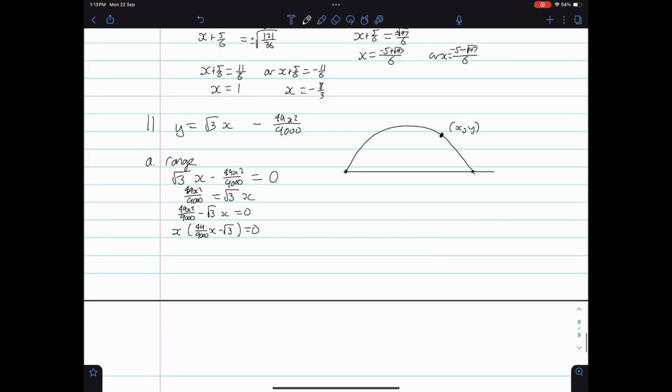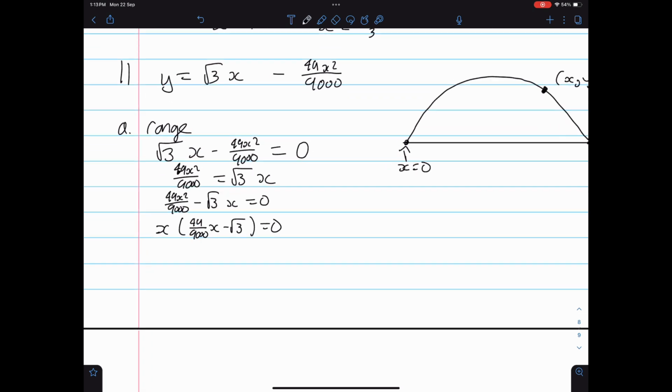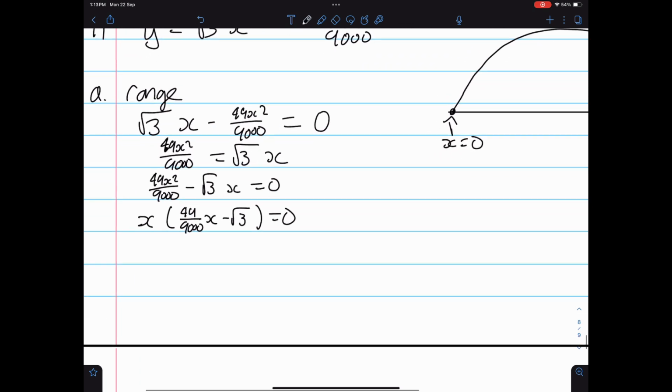So this means for one of them, x will be equal to 0. And then for the other one, we'll have this equals root 3.